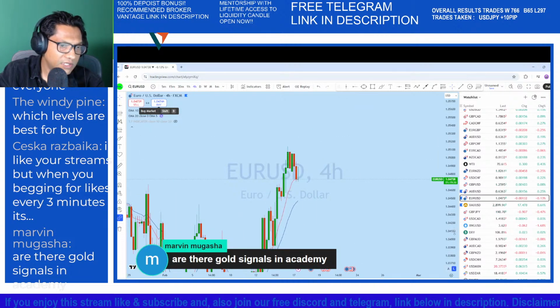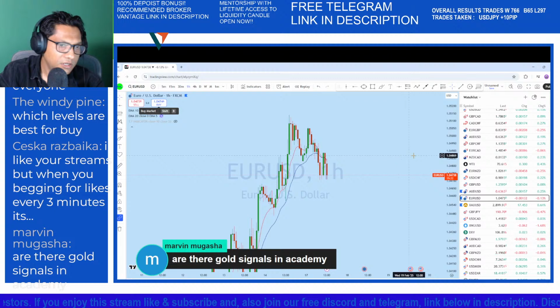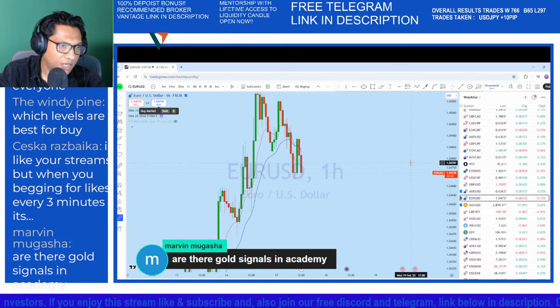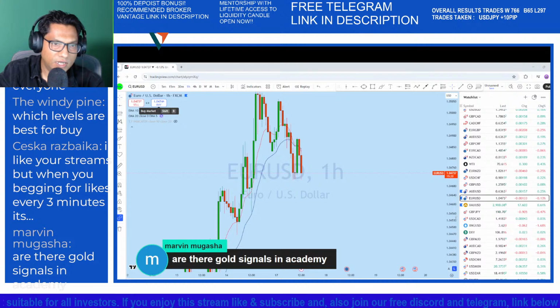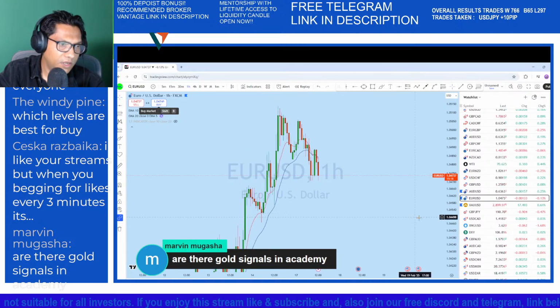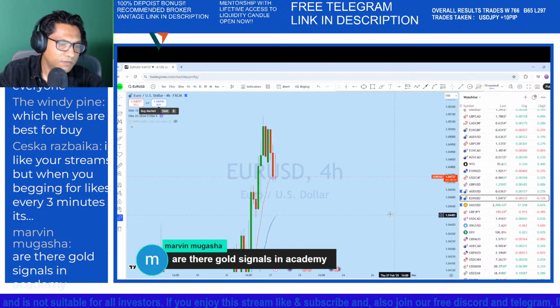From this resistance line, euro dollar formed this potentially downward pressure, and if we look, we had a trade on euro dollar, how far it has gone, and it's at an entry.